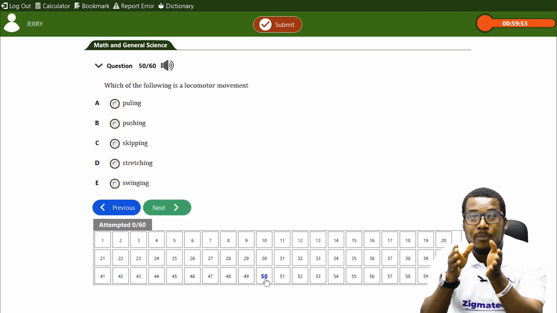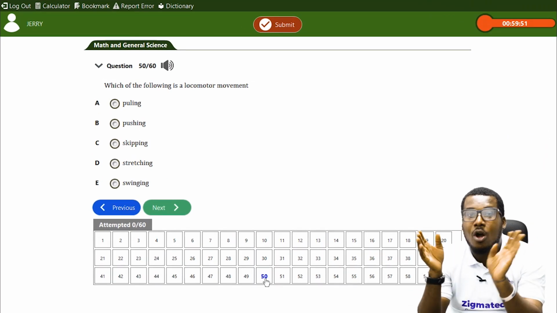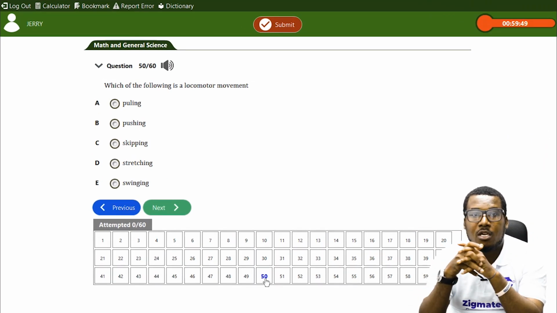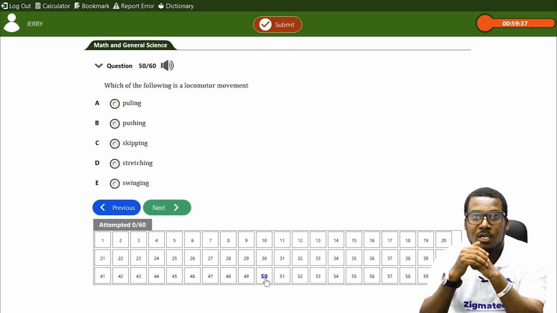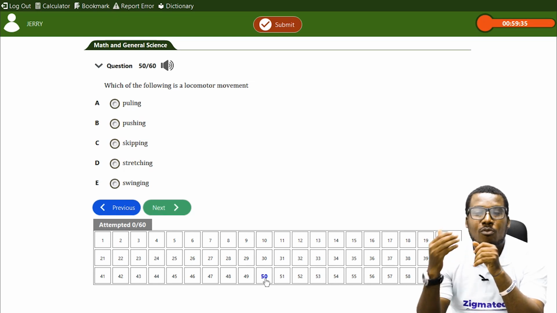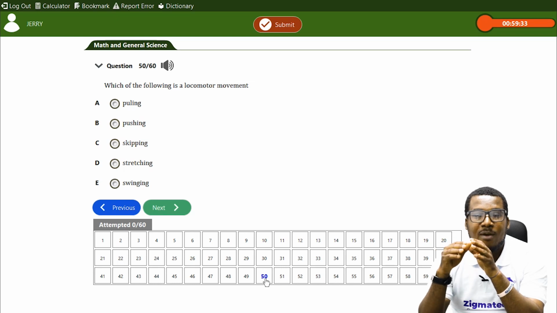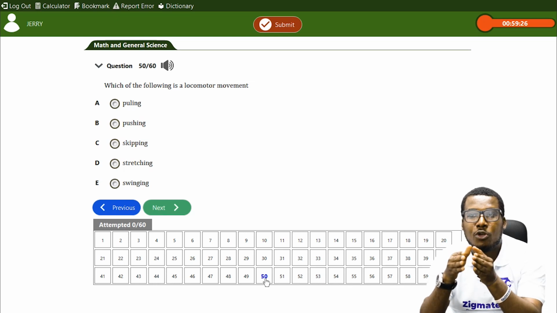By the way, everything we'll be talking about, all the body movement or the creative rhythmic movement, is linked to what we call locomotor movement. The word locomotor means the ability to propel and move yourself forward. Locomotive, you're able to move. So the movement is what we call locomotor movement. And they're asking here, which of the following is a locomotor movement?